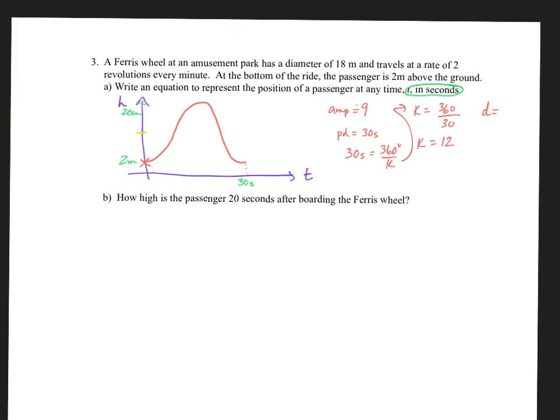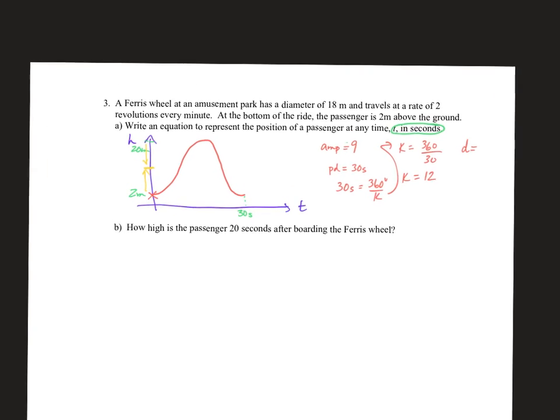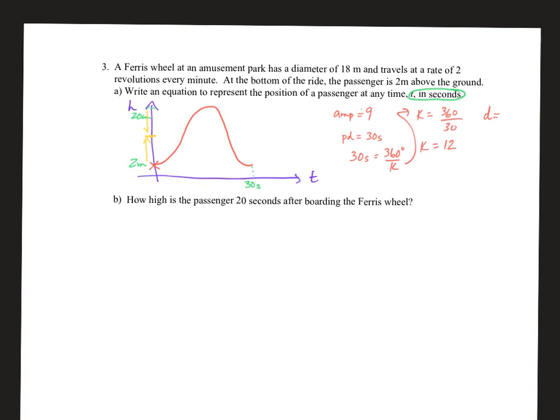And so if we wanted the middle of that graph, I would have to go my amplitude up from the bottom or down from the top. And we should see that if I move 9 up from the bottom or 9 down from the top, we get to a middle of 11. And there's my D value.